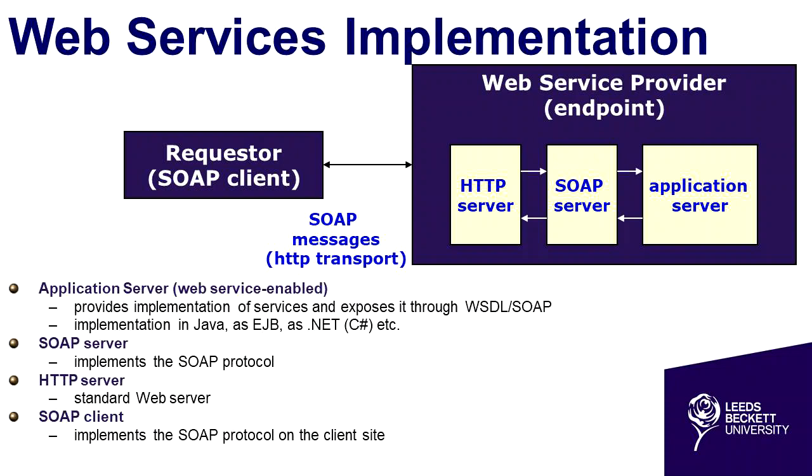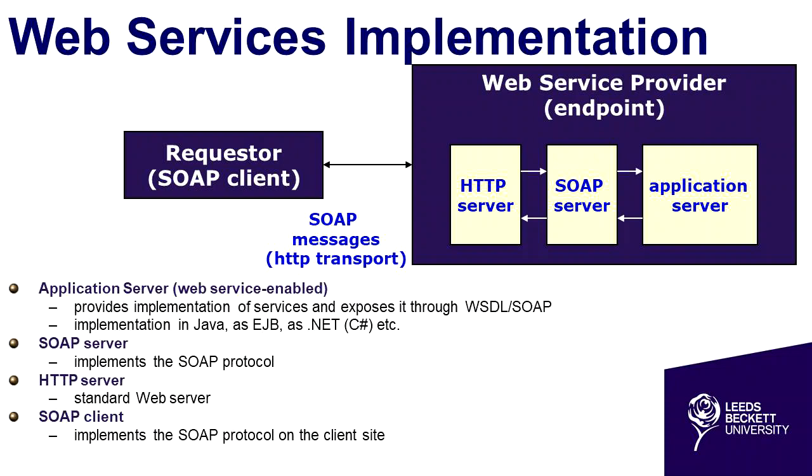Well, if you look at the diagram again, you see the actual flows. So you see a requester, right? It's a SOAP client, and they communicate with the service provider. This means that both the requester and the service provider must communicate using SOAP messages. So it's about compatibility.